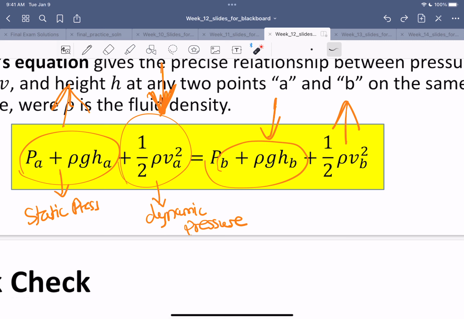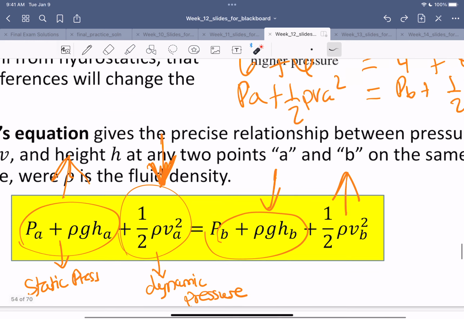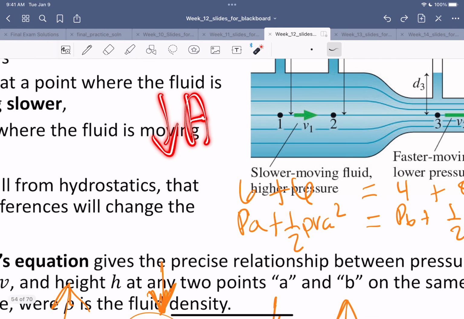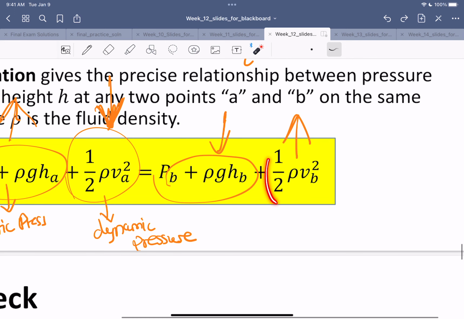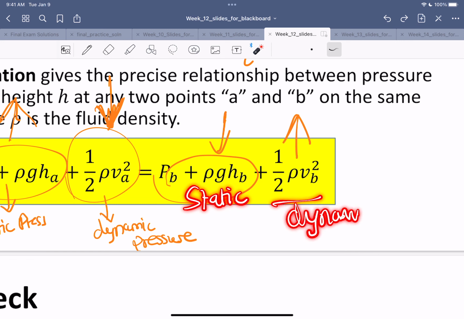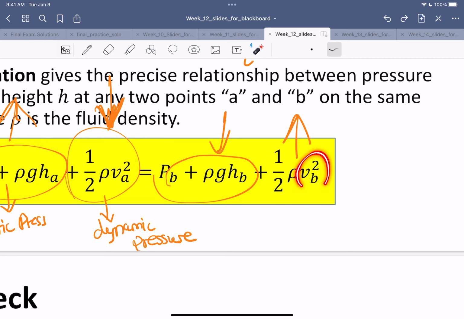So when you have a decreased area, due to the continuity equation, you see an increase in your speed. At the same time, with that concept of dynamic pressure that I explained, if we look at these as two big terms, static pressure and dynamic pressure, if the dynamic pressure, which is the pressure due to the movement of fluid, is greater because the fluid is moving faster, if this velocity is greater than this velocity, then I see a greater dynamic pressure.